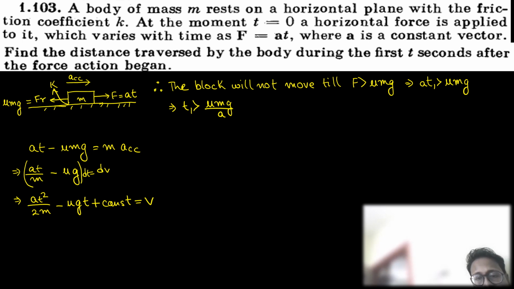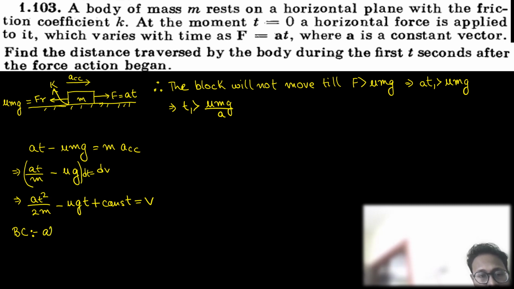Now I have to apply the boundary condition. The boundary condition is at t equal to this value, the block only started moving at this value. So at t equal to this value, what is the velocity? Velocity is equal to 0, because the block only started when time reached this point.